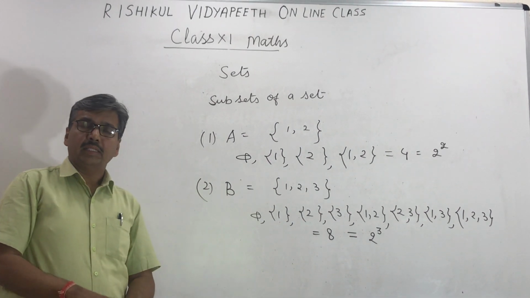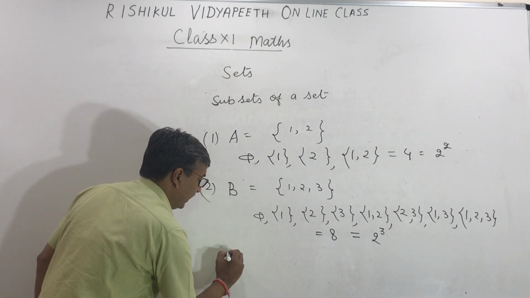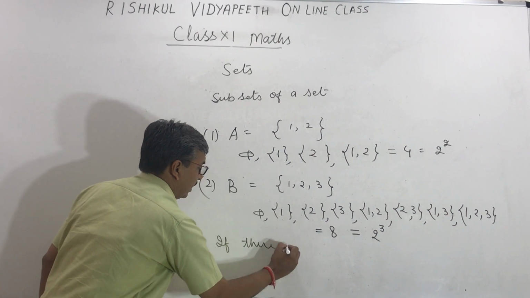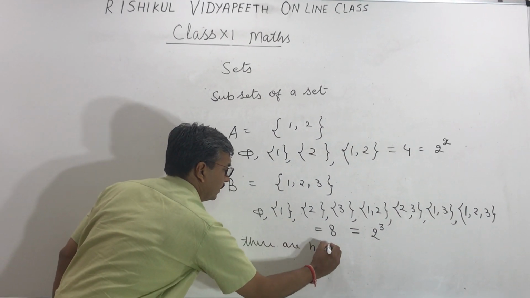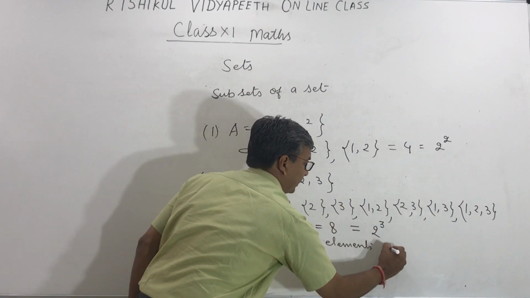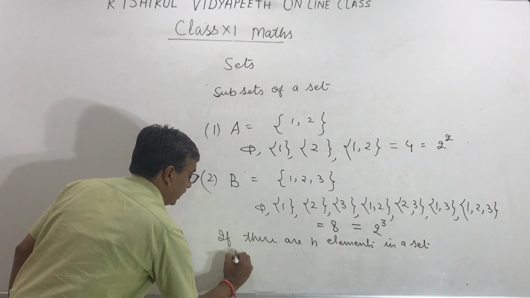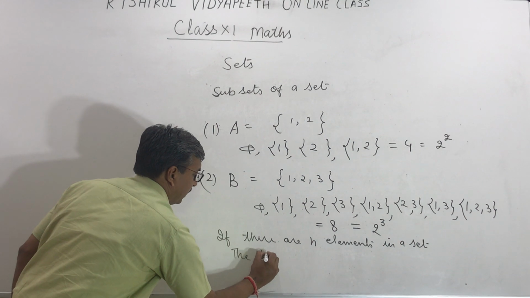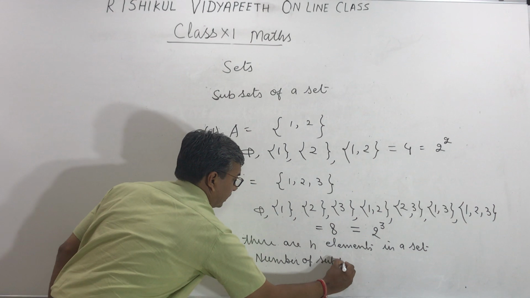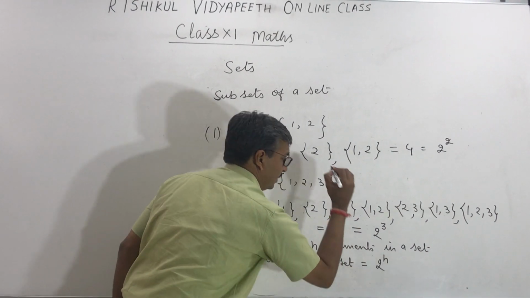And therefore, the general formula will become: if there are n elements in a set, the number of subsets will be 2 raised to the power n.